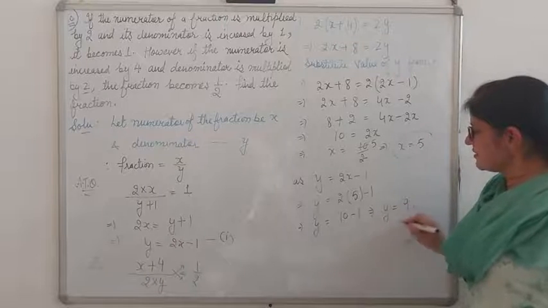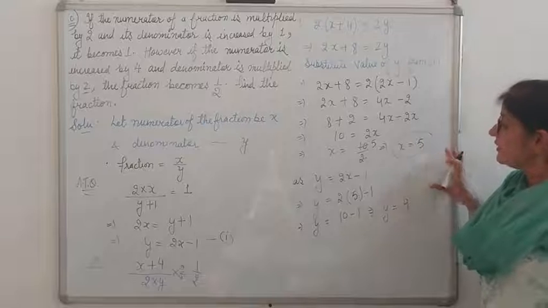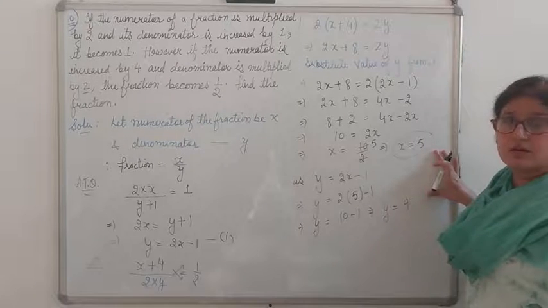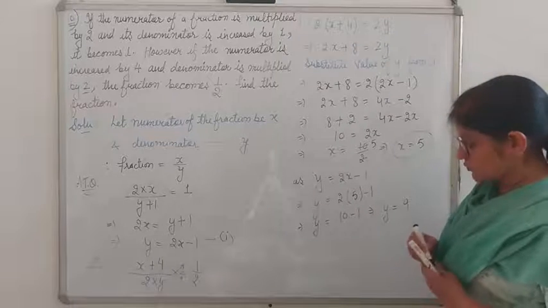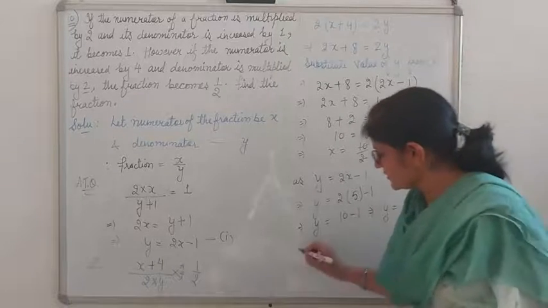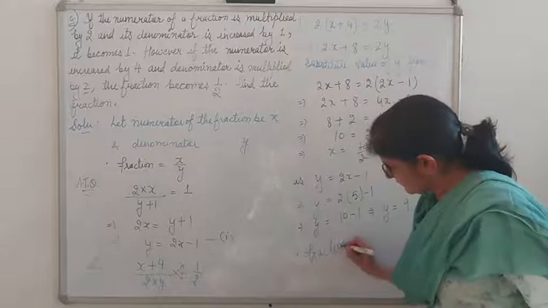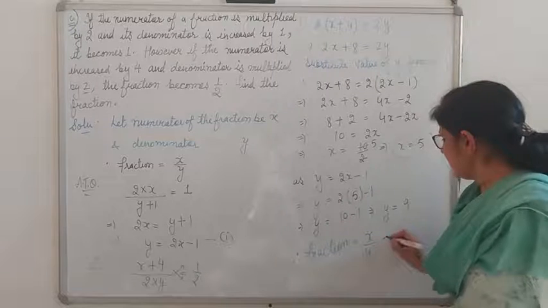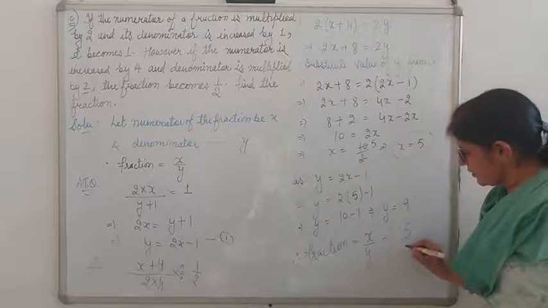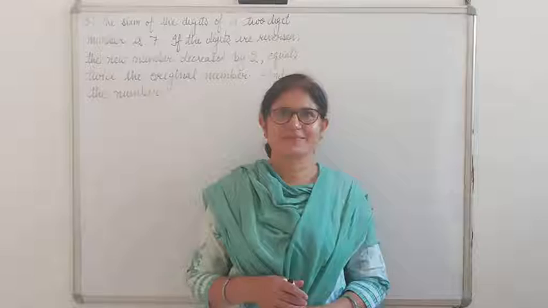Is it the answer? No. If you leave it till here, then you will not get full marks. So what did they ask? They asked to find the fraction. So therefore fraction is x over y, means 5 over 9, and this is the answer and this is your solution.